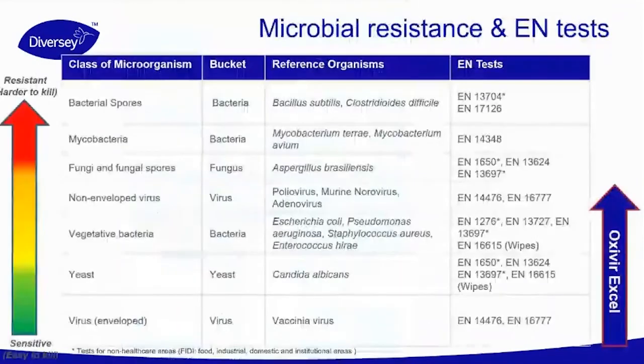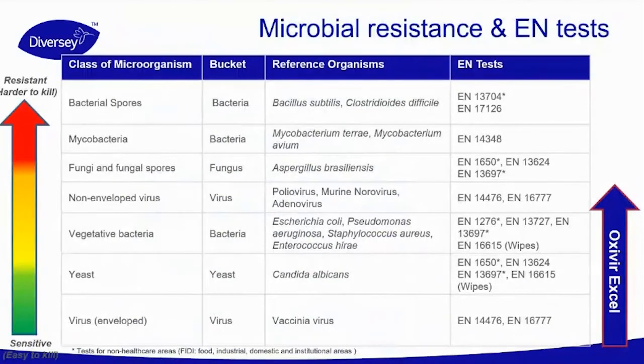And if we put together in a table the reference organism and the European norms, this is how it looks like. So we have talked about this table in the microbiology training module, but here now we have added as well the European norms, and on the right, the efficacy of Oxygenrich Cell.